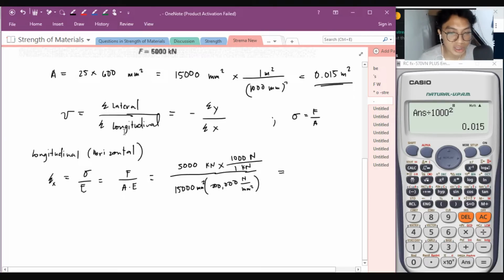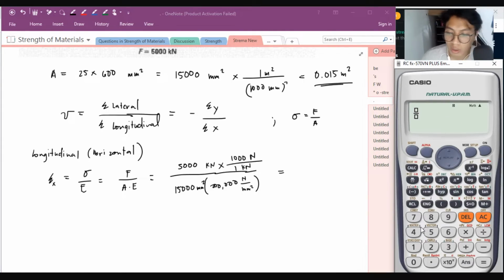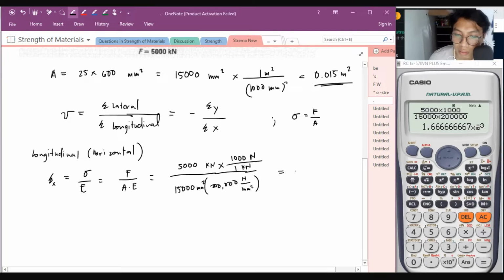The longitudinal strain now will be 5,000 times 1,000 divided by 15,000 times 200,000. The answer is 1.667 times 10 to the negative 3. Walang unit yan kasi cancel lahat. Non-unit yan, strain yan.